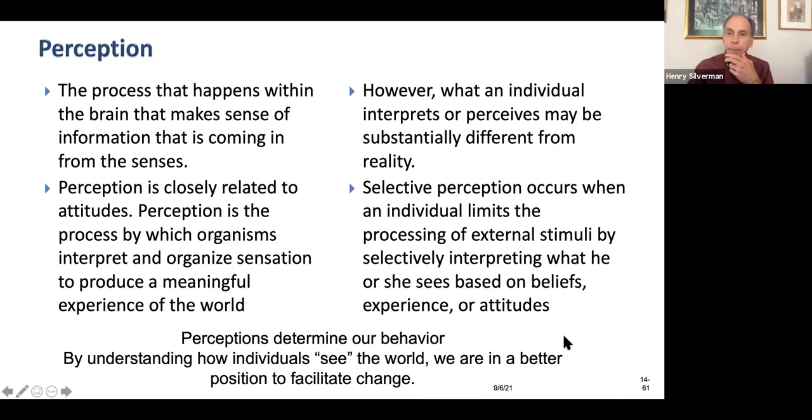So perception is influential in our behavior. By understanding how individuals see the world, we may be in a better position to facilitate change if you want to change perception. And changing perception is a lot easier than changing attitudes.